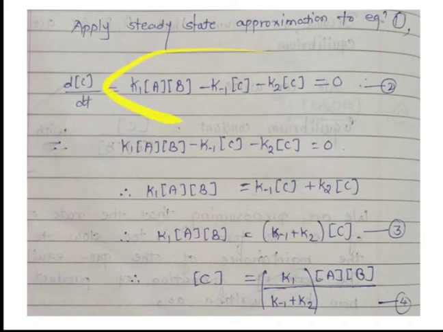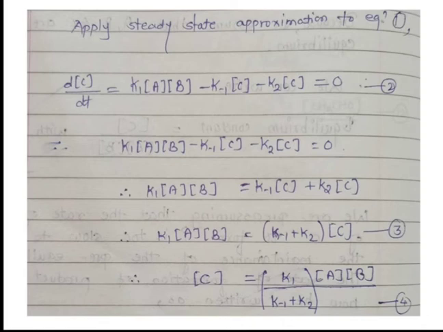Just write down this part here and is equal to 0. Then transfer these negative terms to the right side. So the equation became K1 into concentration of A into concentration of B. Positive terms remain at the left side, and negative terms when shifted to the right side become positive terms.